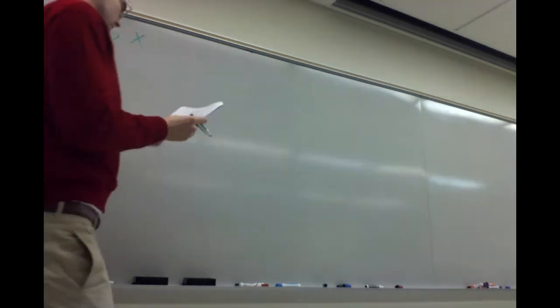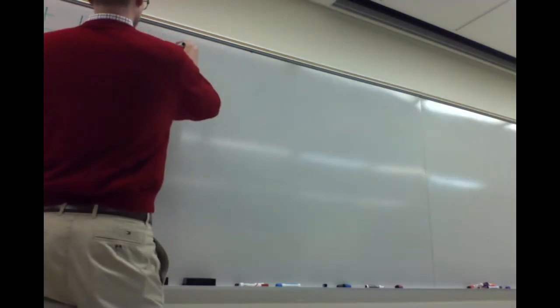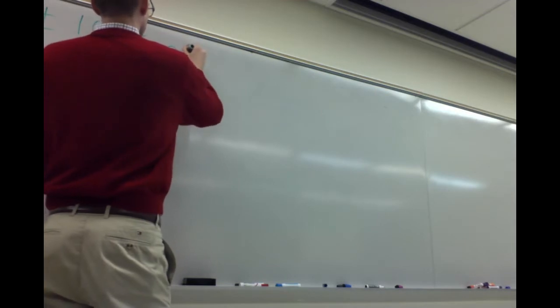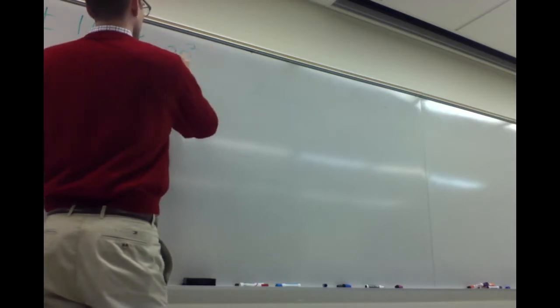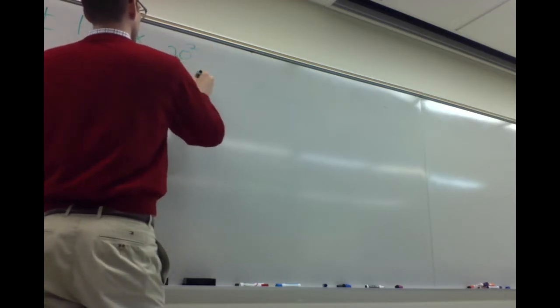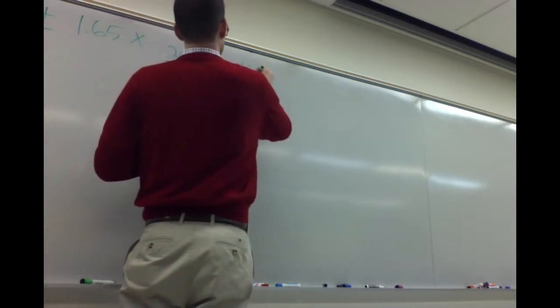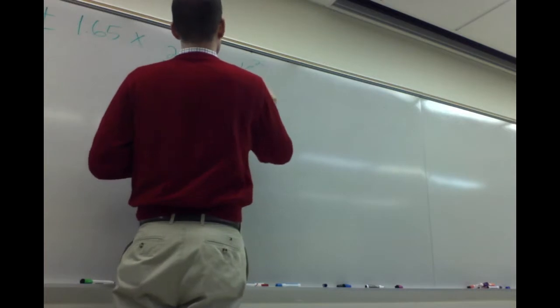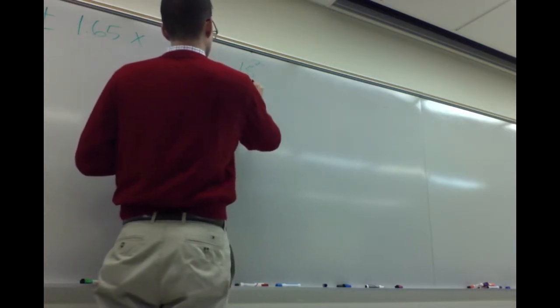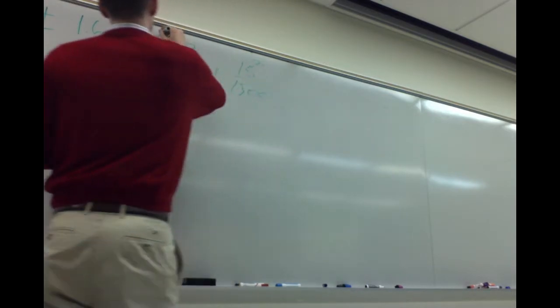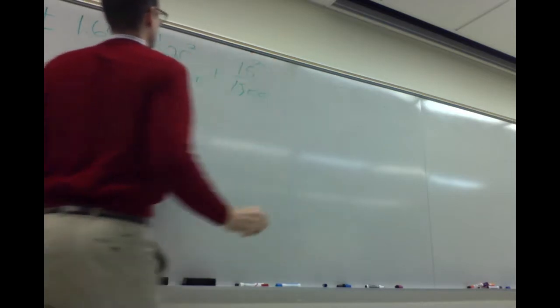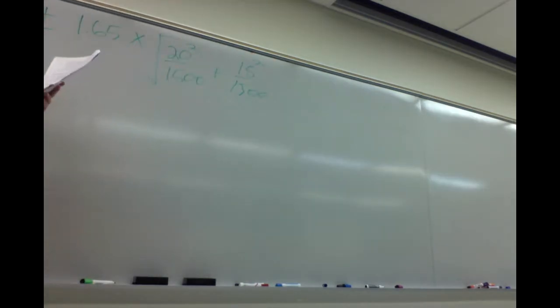And it is the sample standard deviation from sample 1 squared divided by sample size 1 plus the standard deviation from sample 2 squared divided by sample size 2, square root all of that. And that's it.